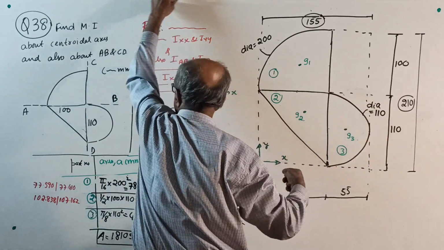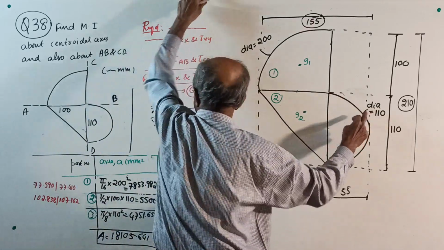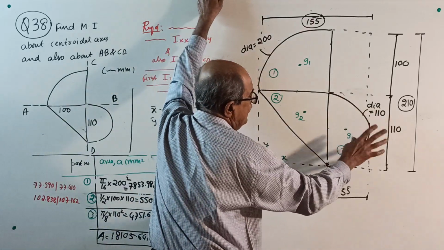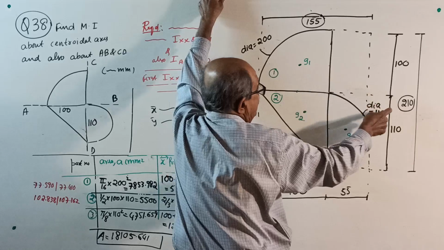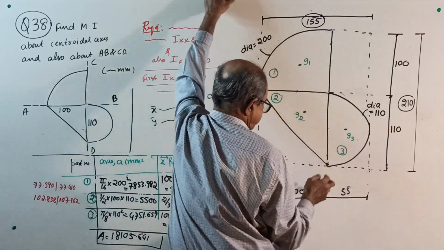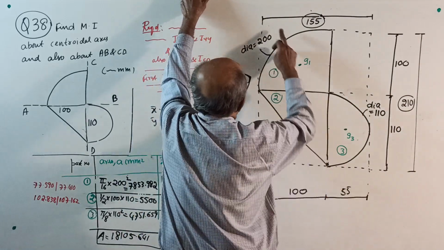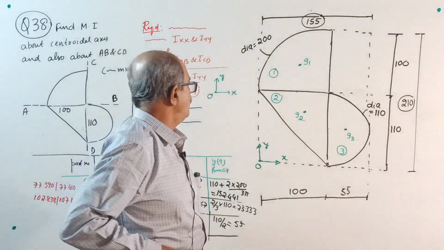This semicircle, the diameter is 110. Now 100 here and 110 here, full overall depth is 210. 100 plus 55, full overall width is 155. Make a note. Okay, start now.